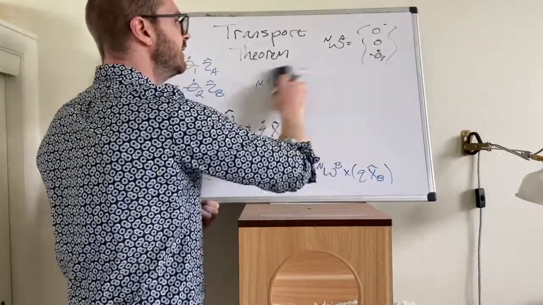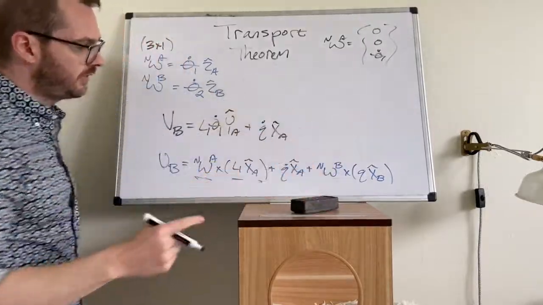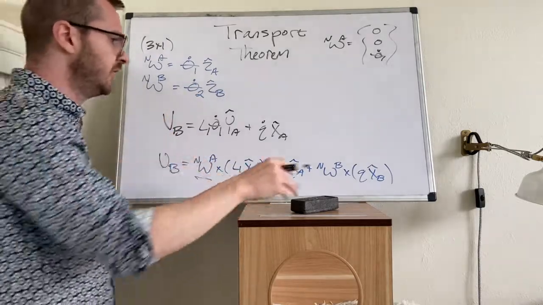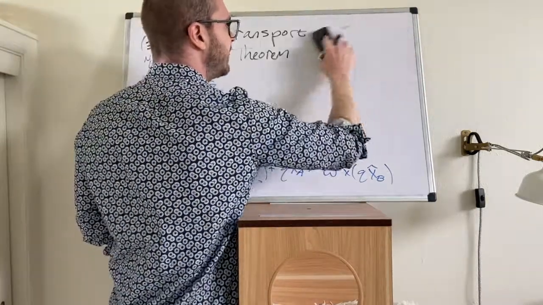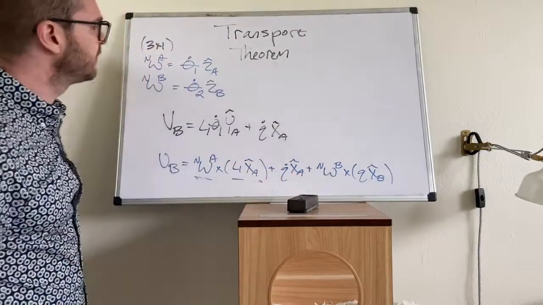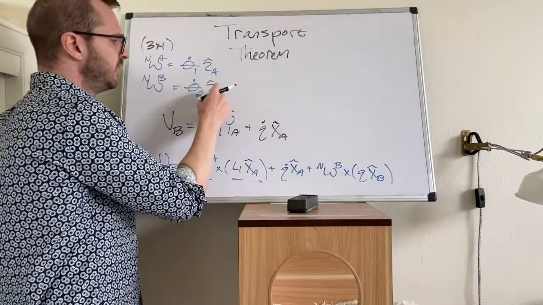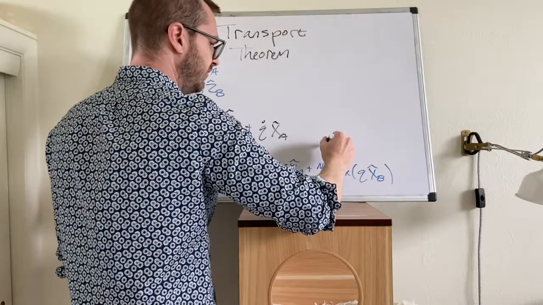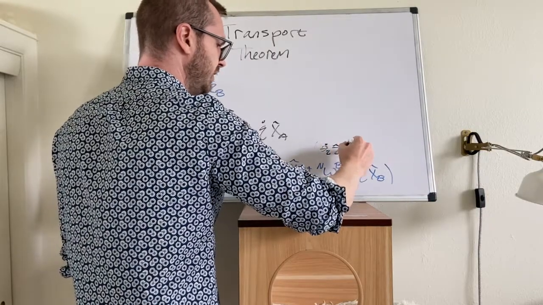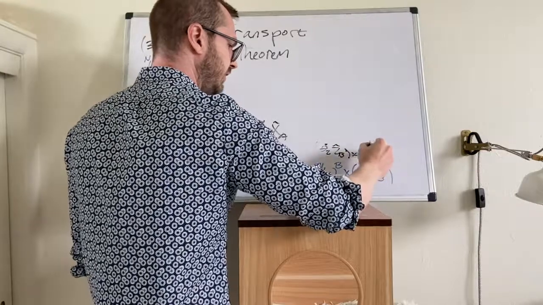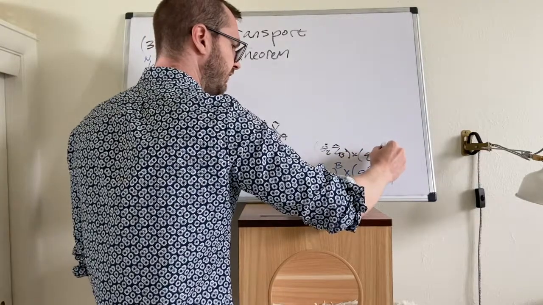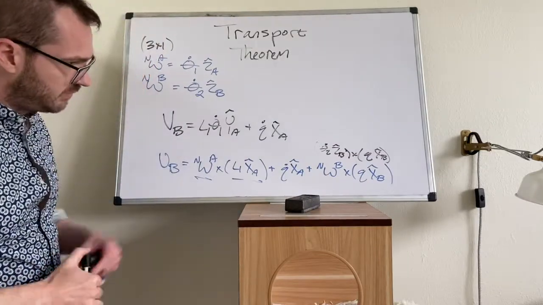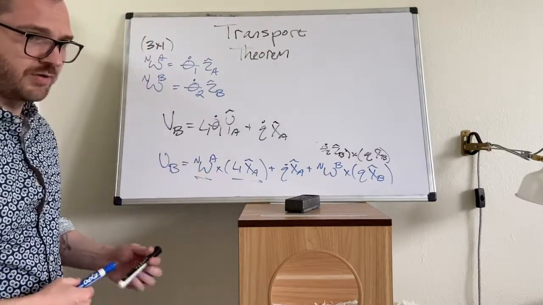How else could you do it? I've had some students do these kind of cross diagrams, and they do some 90-degree rotation on it. That's fine as well. Here's what I prefer to do. So I can take this and I can put it in here, and this is just theta 2 dot Z hat B cross Q X hat B. I prefer to just do the cross product knowing the frames.